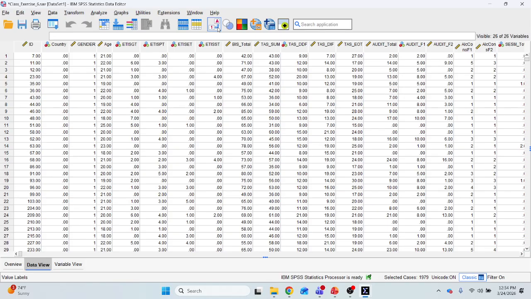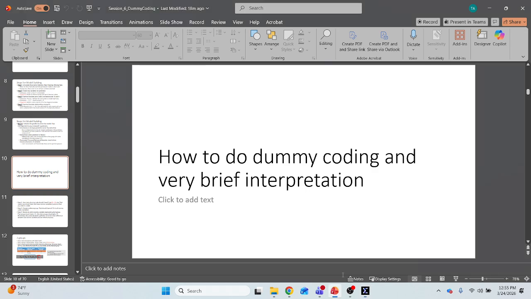So in the hypothesis, you hypothesize that males will have a significantly higher score compared to females, right? And that is what you're going to be testing with your data. Remember, 1 is males, 2 is females, right? Dummy coding is essentially recoding or creating more variables so that you can put that in a GLM equation.